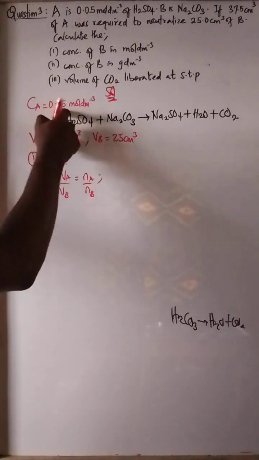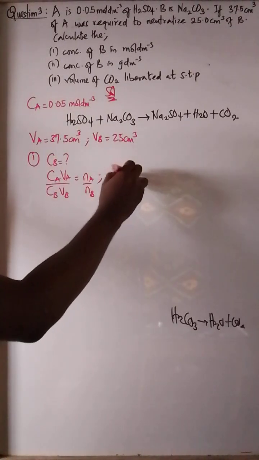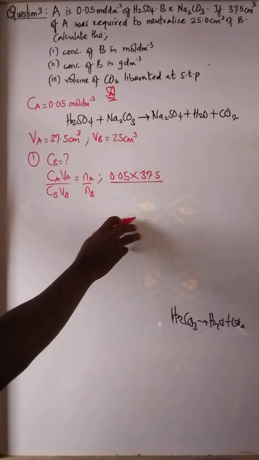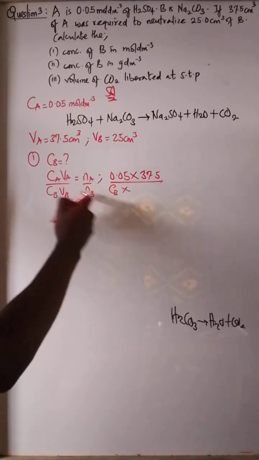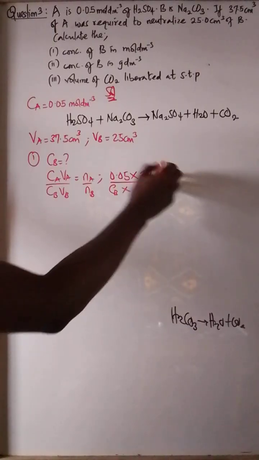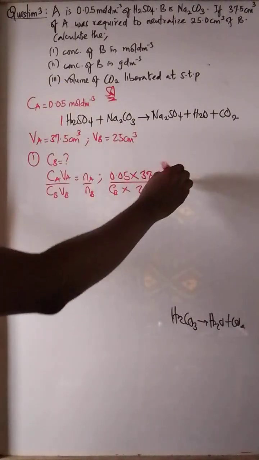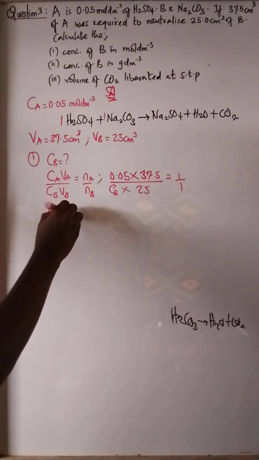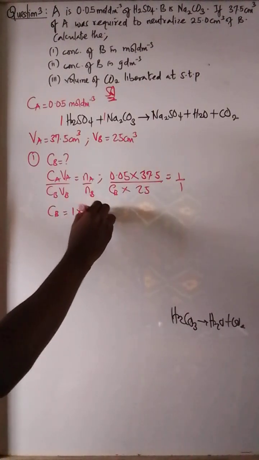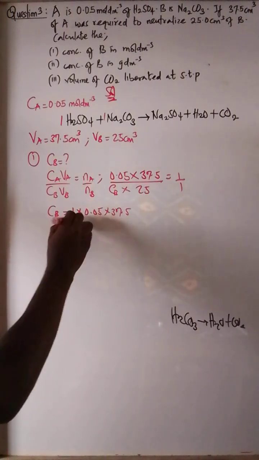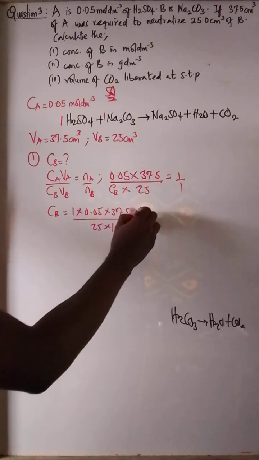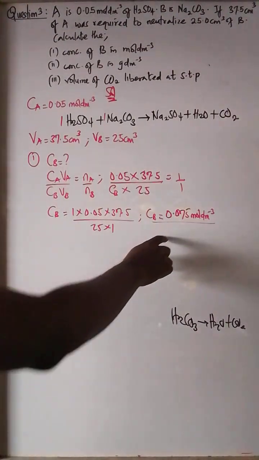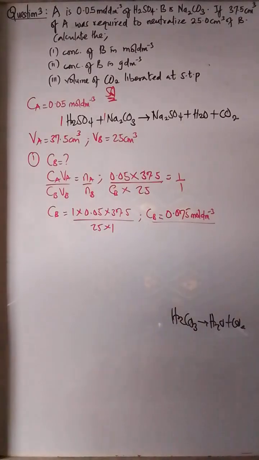Ca is 0.05, Va is 37.5, Cb is what we are looking for, Vb is 25, Na is 1 and Nb is also 1. If you multiply, Cb equals 1 times 0.05 times 37.5 divided by 25 times 1. So the value of Cb is 0.075 mole per dm cube.